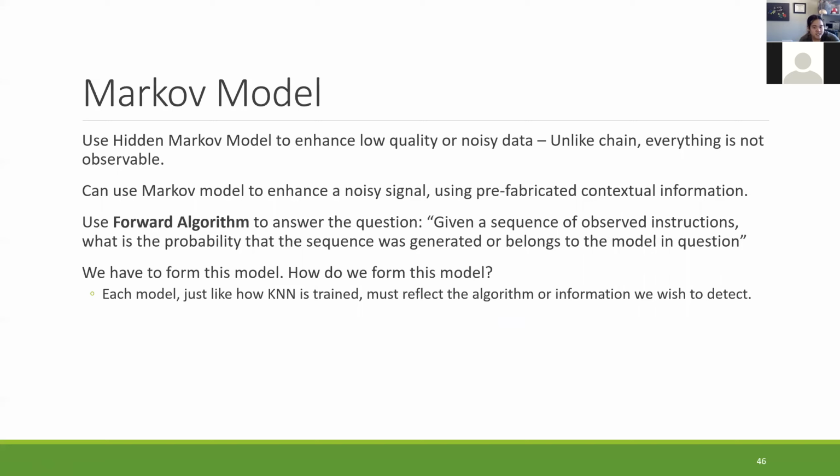So given a sequence of observed instructions, what's the probability that the sequence was generated by, or belongs to, the model in question? If you have a unique algorithm running on a microcontroller, there's going to be a certain pattern of instructions depending on what it's running. This instruction is usually going to come before this instruction, and that instruction is usually going to come before this one. In the English language, or when you're translating, one spoken word is usually going to be followed by certain words, or certain letters on your keyboard when you're predicting the next word, or when Google's trying to predict the next word or letter you're going to type.